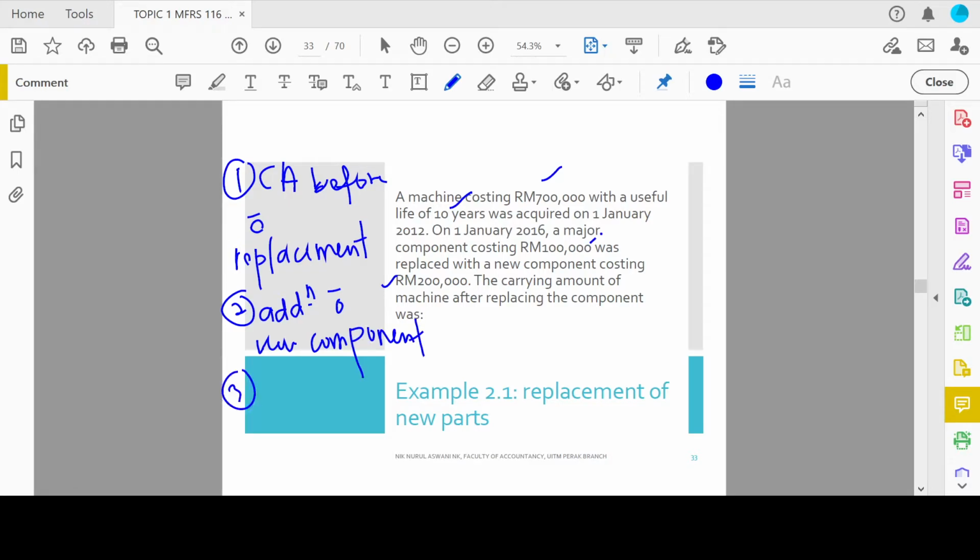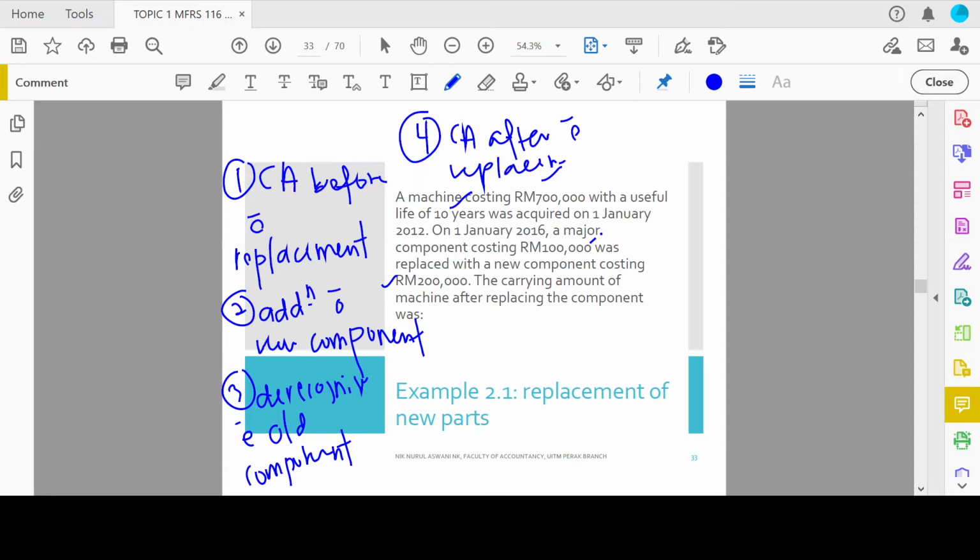Number 3, to de-recognize the old component. Number 4, to find the carrying amount after the replacement. By going through these steps, we should be able to find the carrying amount of the machine after the replacement took place. So let's look at the computation.